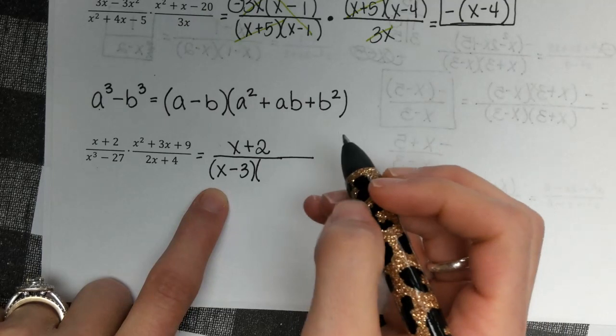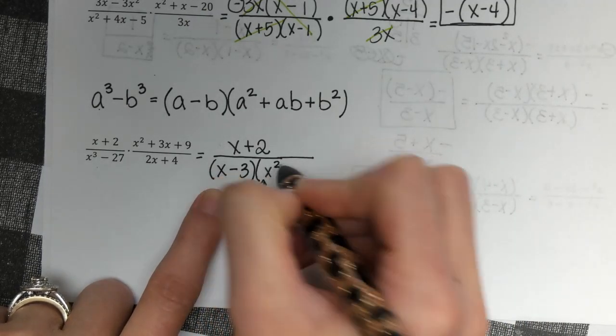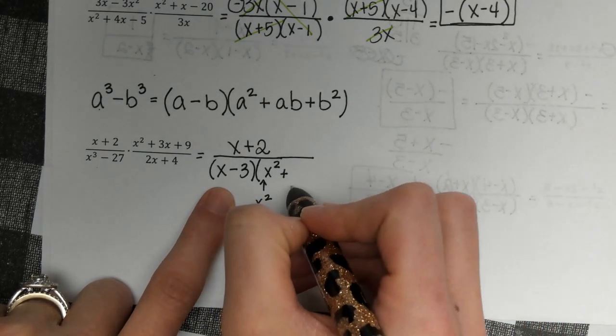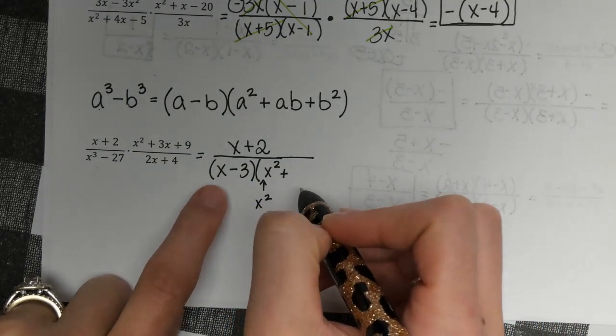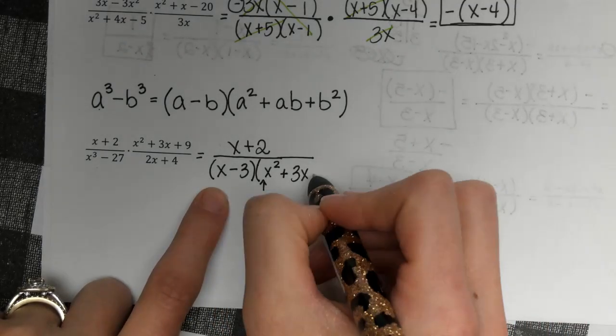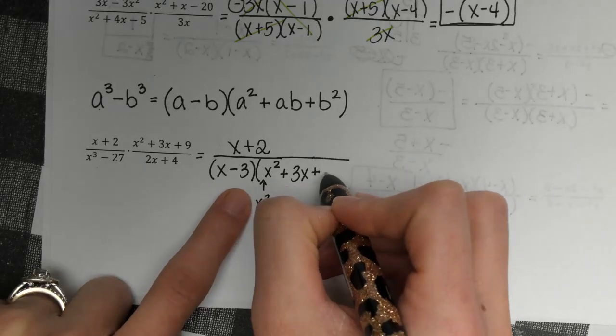Then I take x and square it, so x squared. Change my sign. I multiply 3 times x, so that's 3x, plus 3 squared is 9.